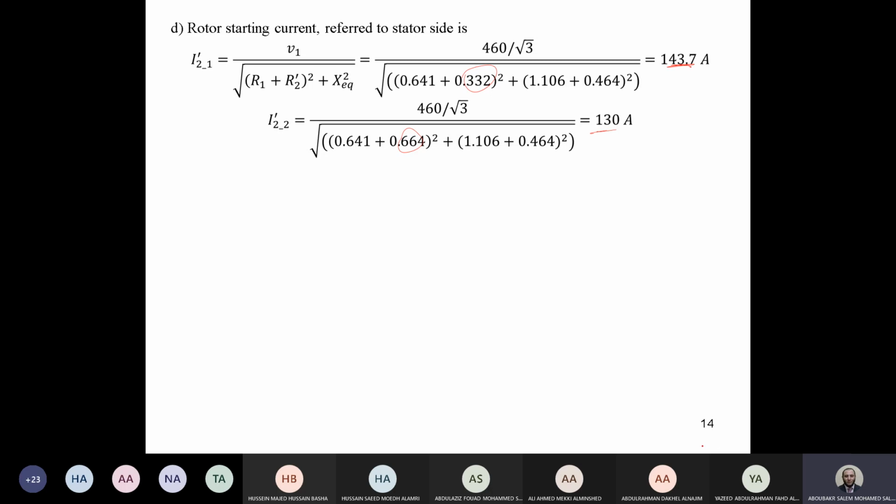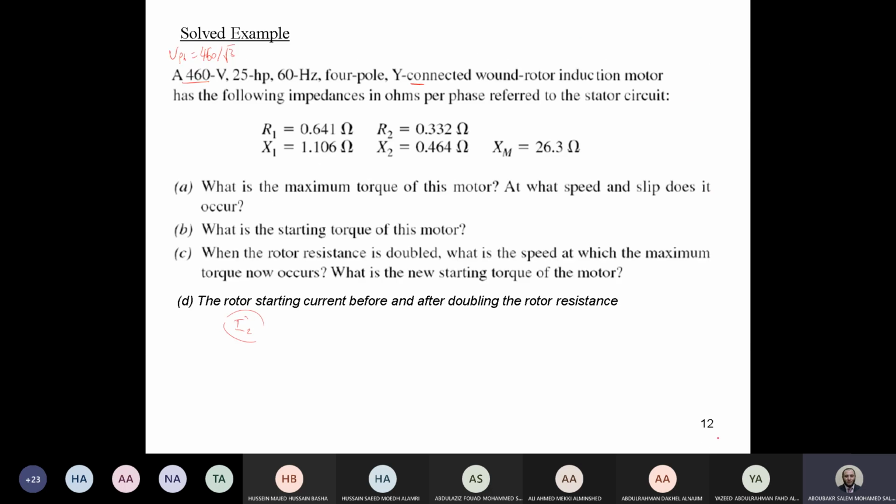Let me add another part here to the question. If I turn back again to this part and say number E, find the value of R added to start the motor at maximum torque.